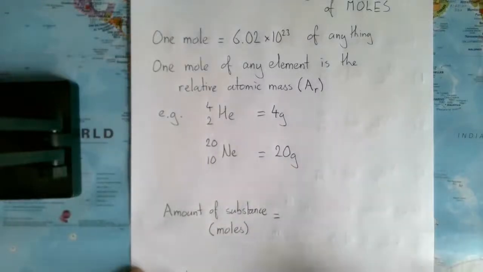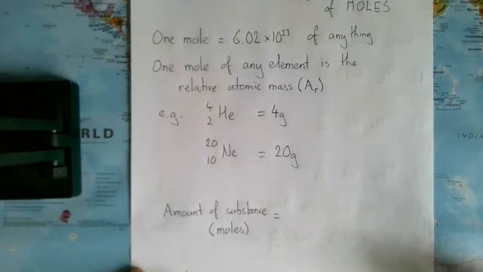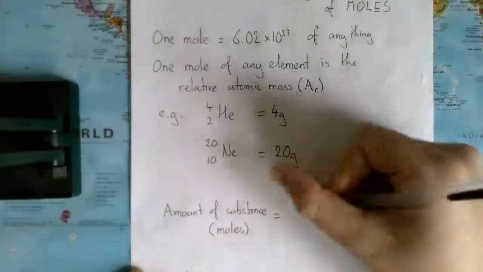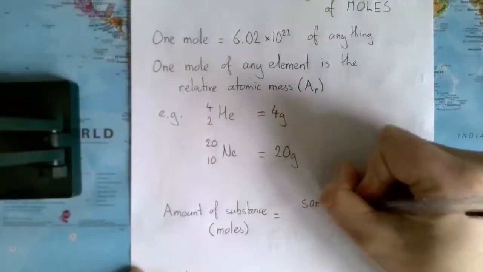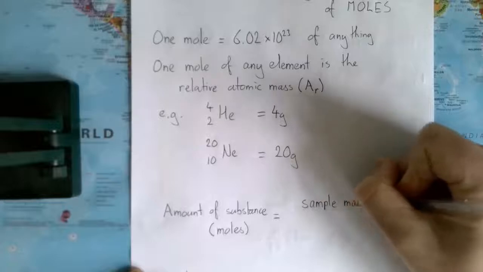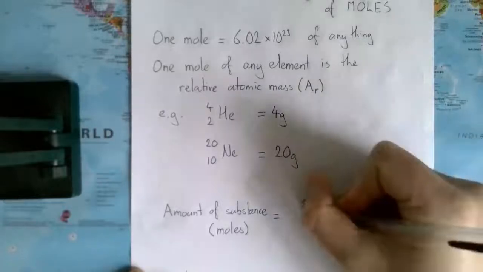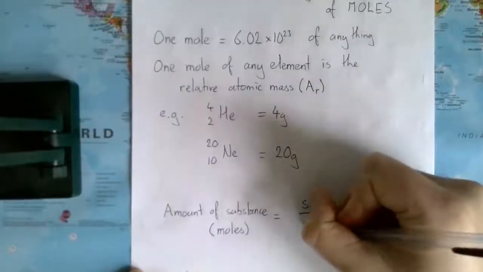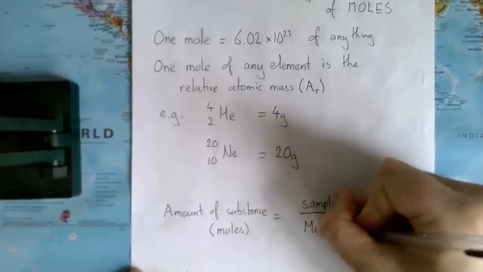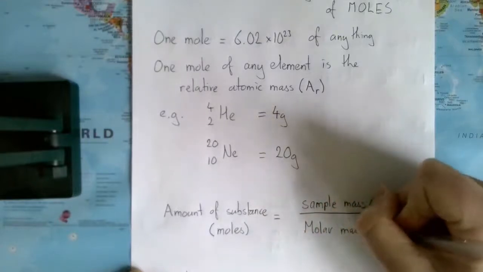The term that is actually referred to by moles is what's called amount of substance. It's basically a posh way of saying how much stuff have you got. And we measure the amount of stuff in moles. And the way to do that, amount of substance, is the sample mass, which is measured in grams, divided by what I'm going to call the molar mass.